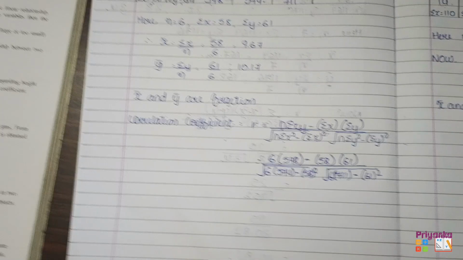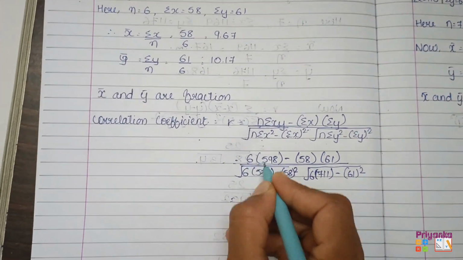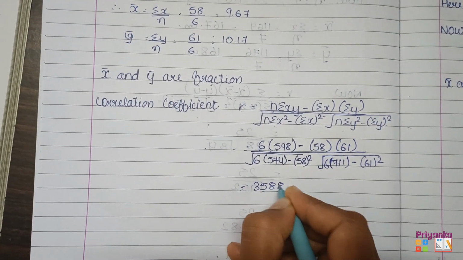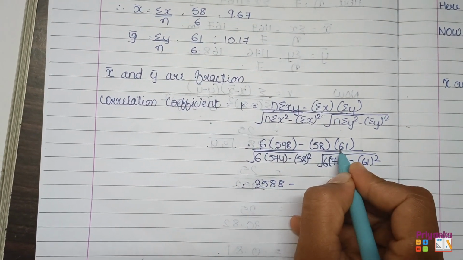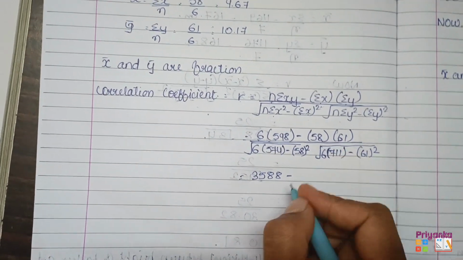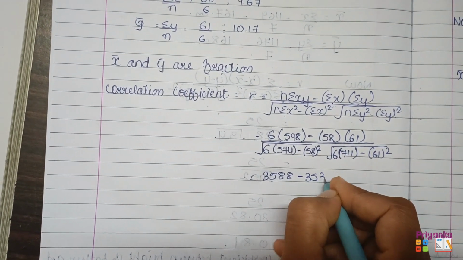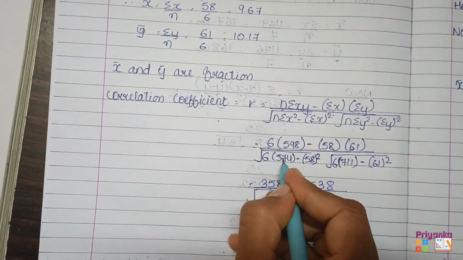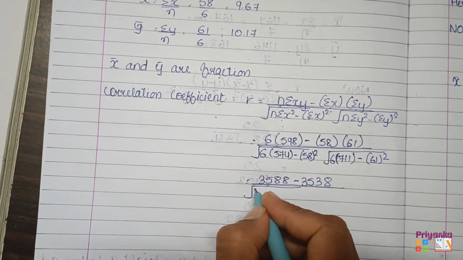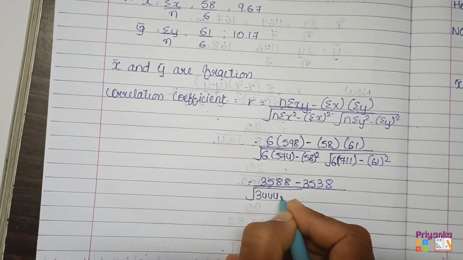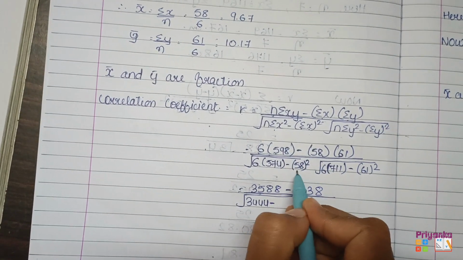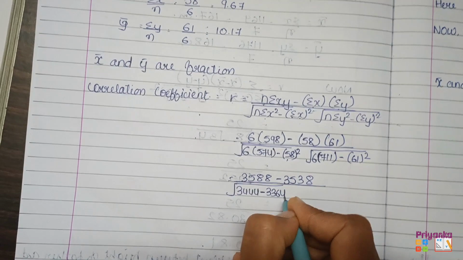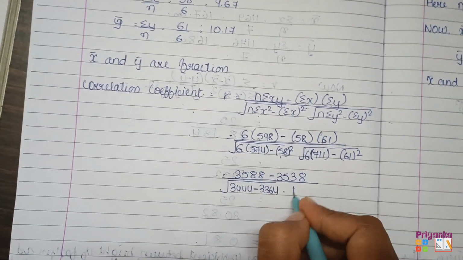After getting this information, first let's multiply these two numbers: 3588 minus 58 into 61, we get 3538. Then 6 into 598 and 58 into 58 give 3444 minus 3364, and that finishes one bunch.